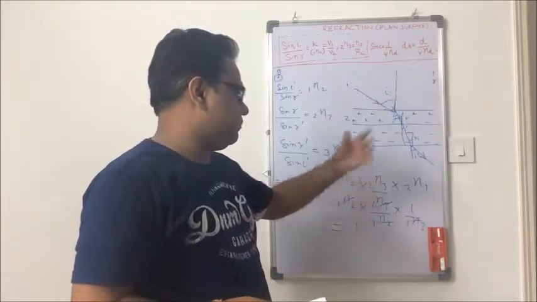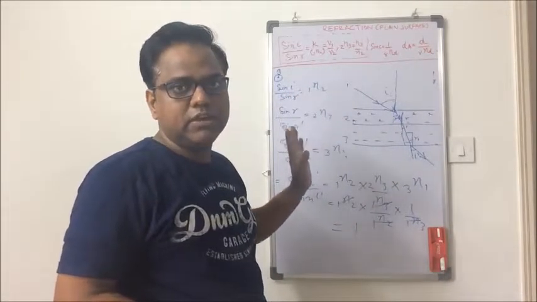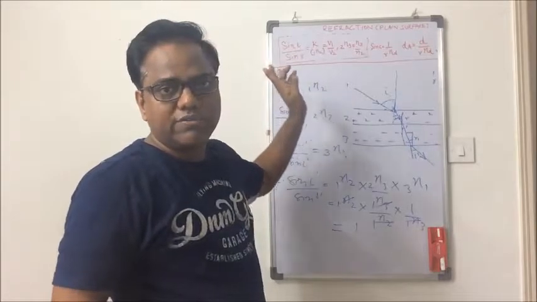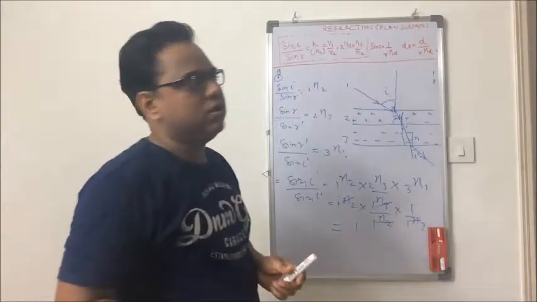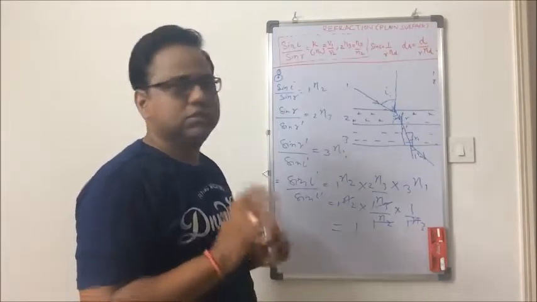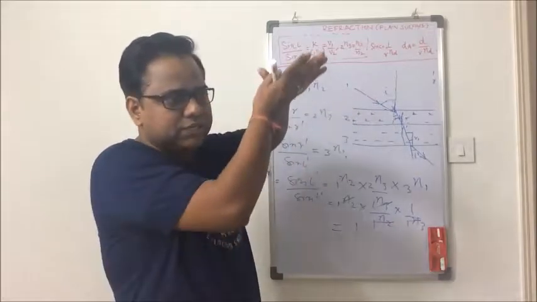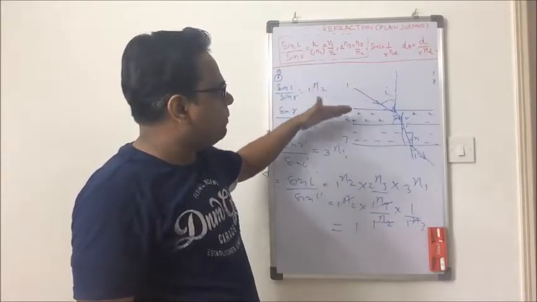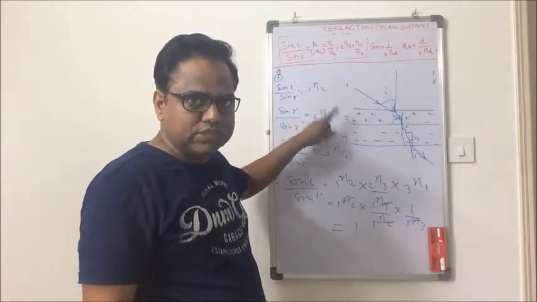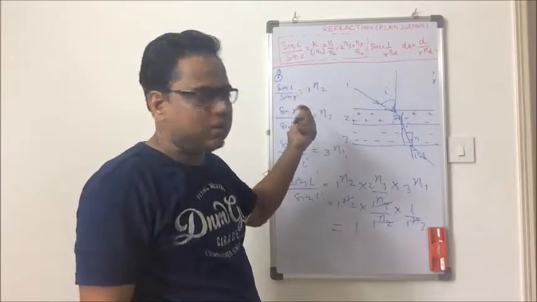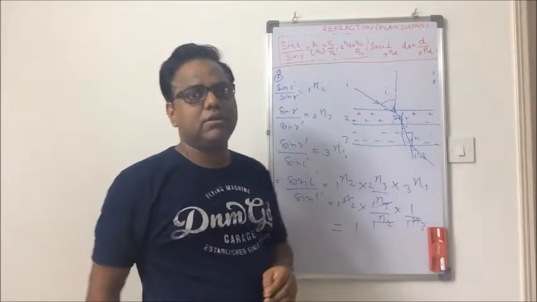And we proved it here the reverse way, because we know that 2 and 3 is equal to n3 by n2 using the formula of velocity. You can use either way, no issue, but you need to understand it. It's very simple. There would be multiple layers. You keep on multiplying the refractive index of each medium with respect to the previous one, and when you reach the last, make it equal to 1.